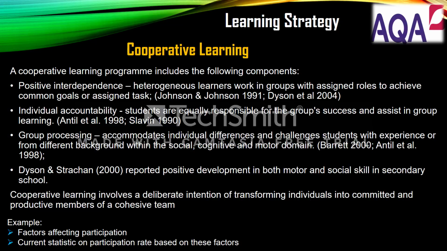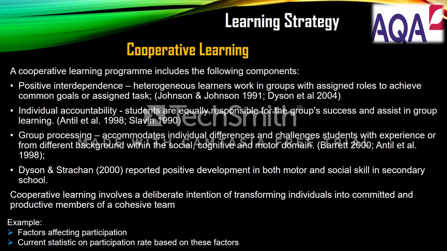Cooperative strategy. Cooperative learning uses positive student interaction as a means of achieving structural goals by contributing equally to achieve the team goal. Dyson and Strachan 2000 report positive development in social skills, showing that in the interaction of students from various backgrounds, they can share their experience and knowledge, making them a productive member of a cohesive team.